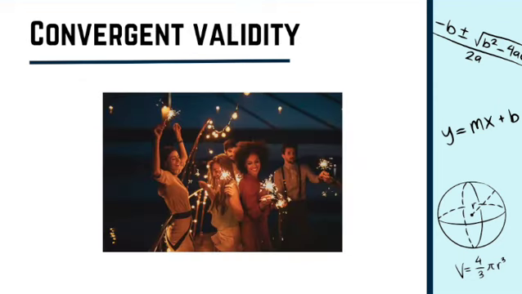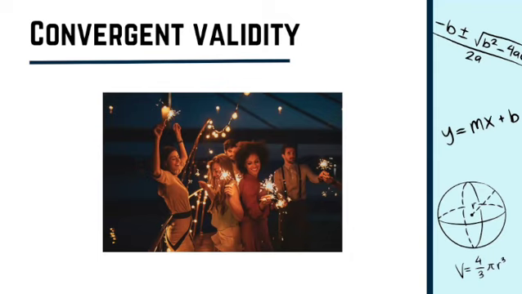Next is convergent validity. Convergent validity is like inviting two friends to a party who always agree on the same thing. They both confirm your belief about a particular thing. In the world of tests and measurements, convergent validity means different tests that are supposed to measure the same thing should give you similar results.